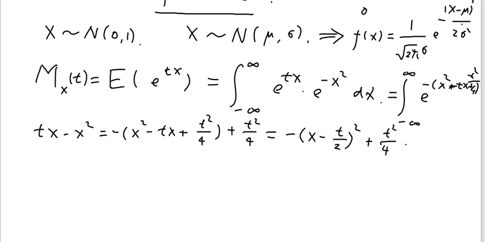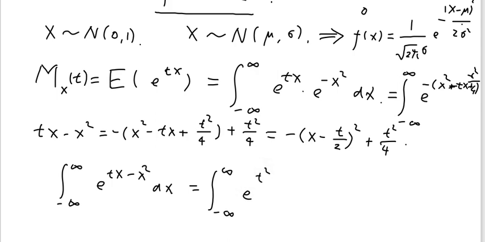So the integral of e^(tx minus x^2) equals, we can put this constant outside, e^(t^2/4) times the integral of e^(-(x minus t over 2)^2) dx. Use the substitution u equals x minus t over 2.